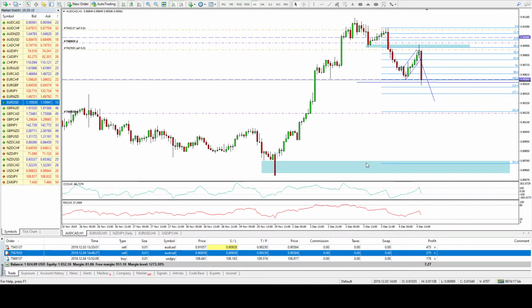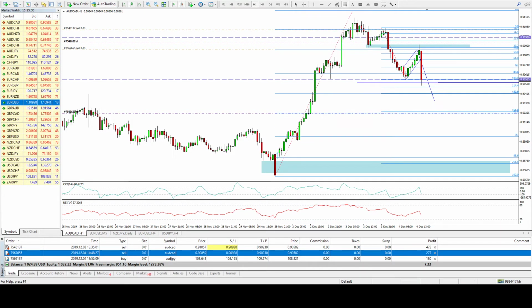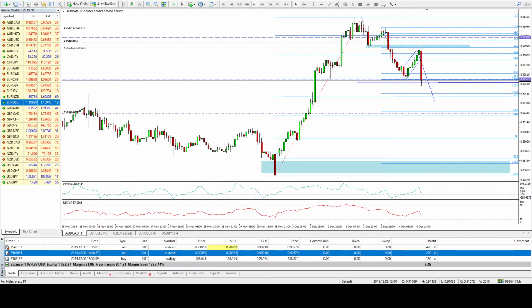We will see 90.42, and then from that we will see 90.30 and/or 90.25, even 90.20. Because let me show you, low to high.